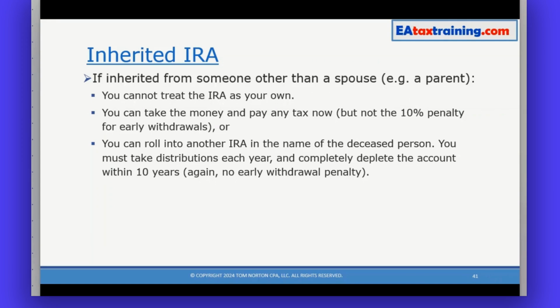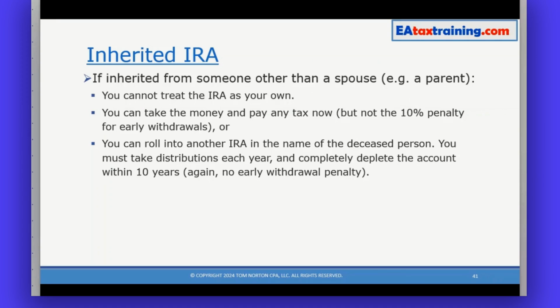So even if you are under age 59 and a half, or even if the account holder who died was under age 59 and a half, you can take all the money, pay any tax that's due. So if it's, for instance, a traditional IRA, you're going to have to pay tax on that. You do have to pay that tax, but you do not have to pay the 10% penalty for early withdrawals.